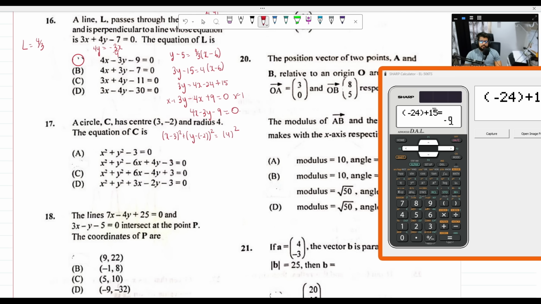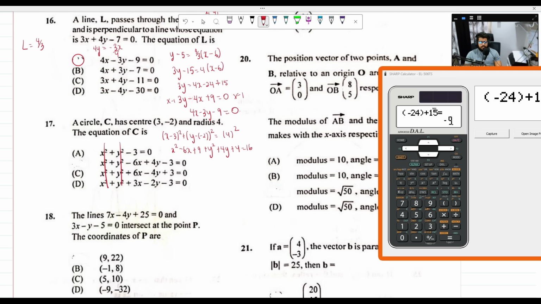And then I go and expand. X squared minus 6x plus 9 plus y squared, that's a plus 2, so plus 4y plus 4 is equal to 16.